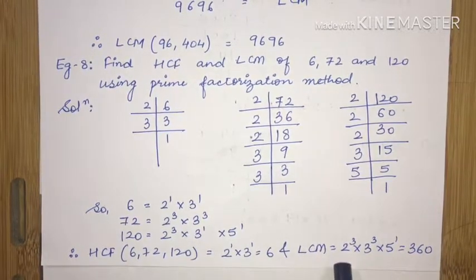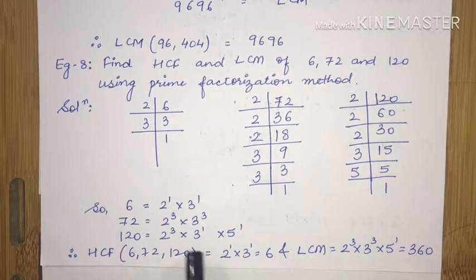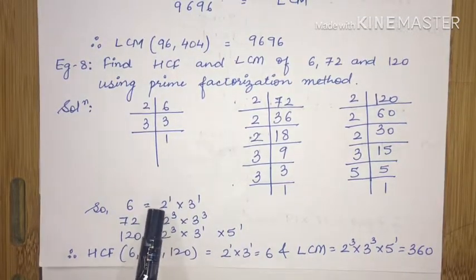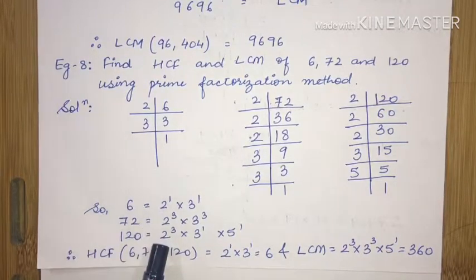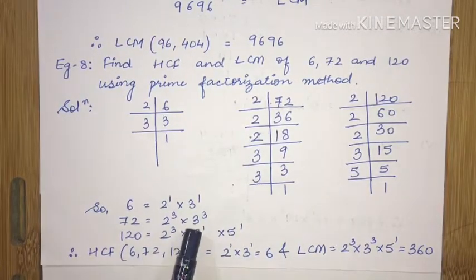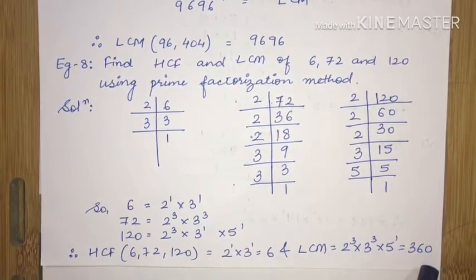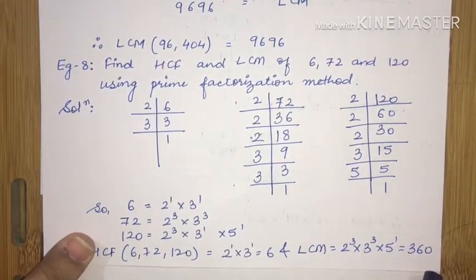As LCM is least common multiple, it would take the highest power of the given prime factors. So 2 raised to the power 3 is highest, then 3 raised to the power 3 is highest, and 5 raised to the power 1, which comes out to be 360.